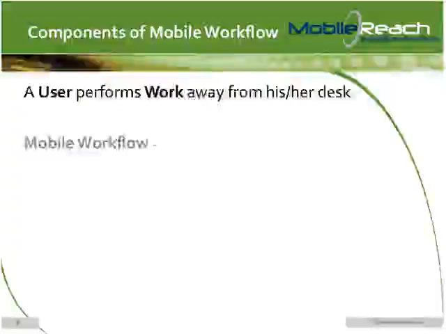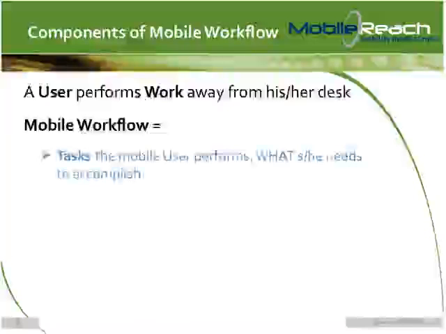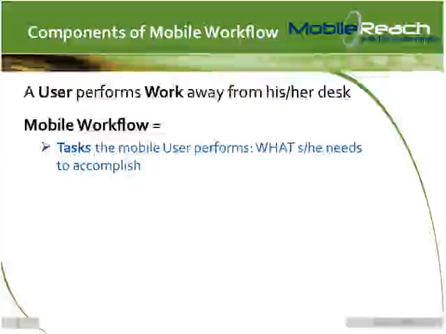Okay, so now talking about mobile workflow, what do we mean when we talk about mobile workflow? Well, your mobile user does work away from his or her desk. And while he's away from his or her desk, what he's doing is performing what we call mobile workflow. And that includes the tasks.